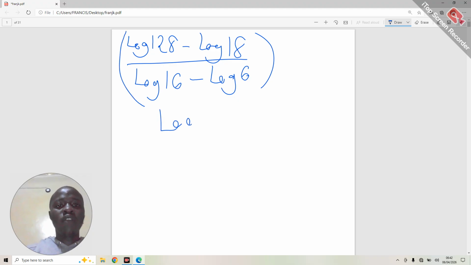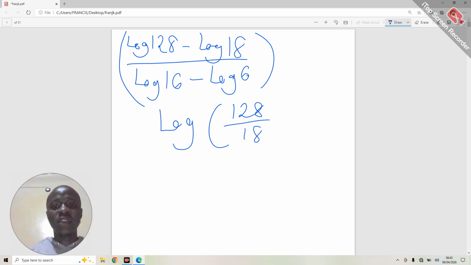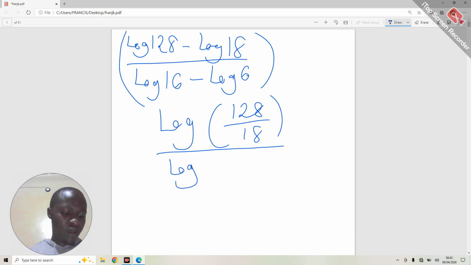Applying the law, we shall have log 128 over 18. This is another way of simplifying logs. And here we shall have log 16 over 6.